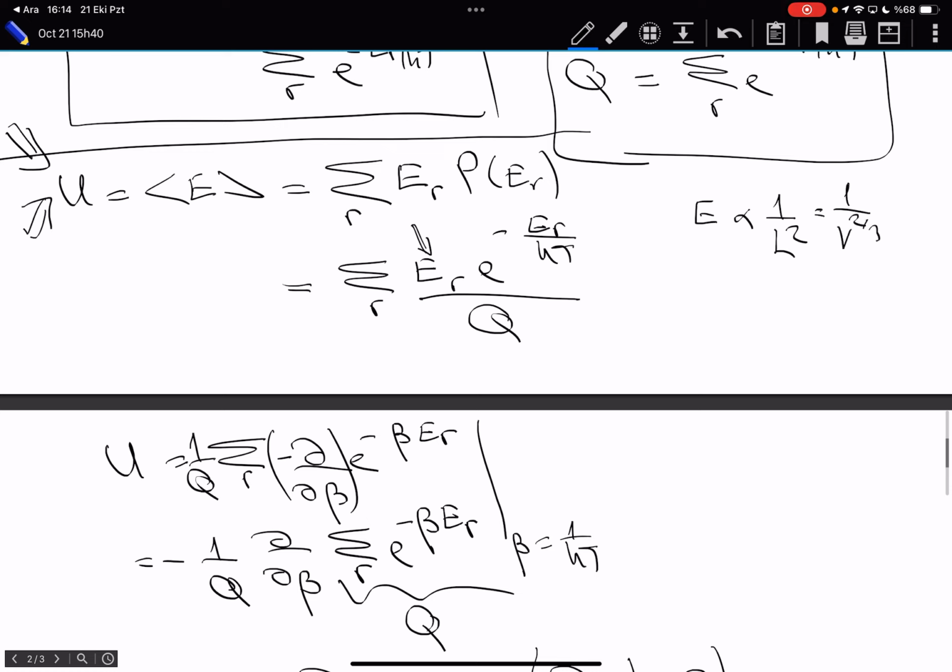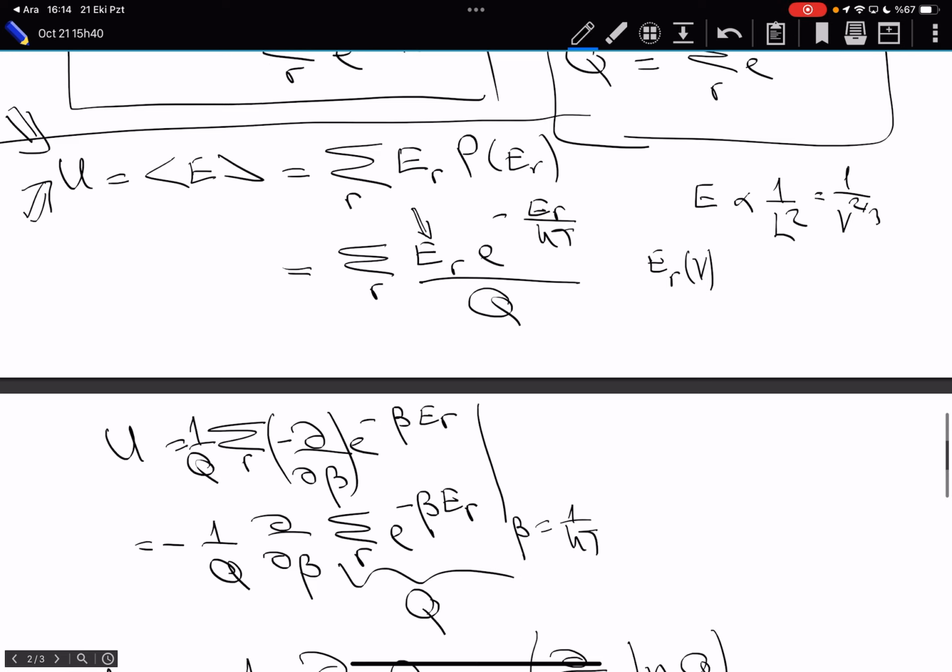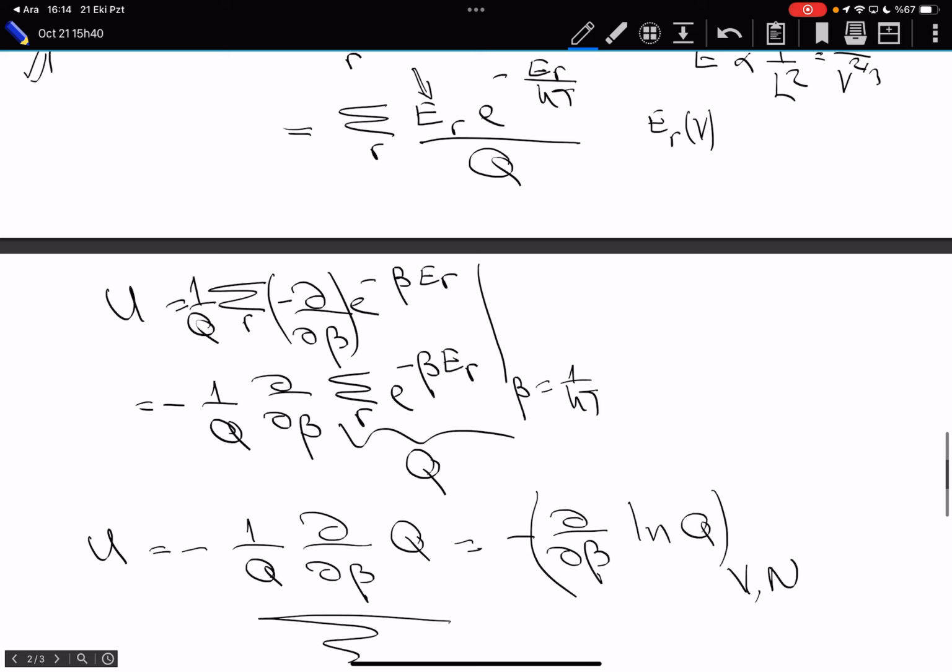So energy eigenvalues, these ones, are actually functions of the volume. So when I write this derivative over here, I'm saying that I should only take the derivative with respect to beta. I shouldn't change E of R as I'm changing beta. So as I change the temperature, I shouldn't change the volume so that ER will be constant. That is the assumption I made.